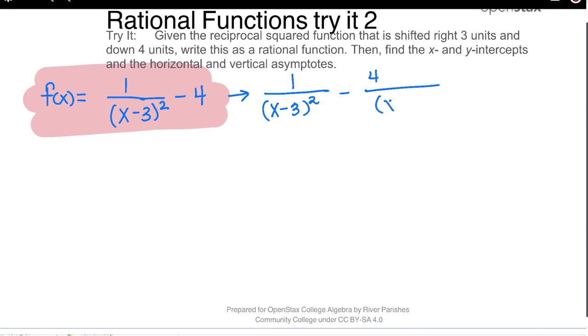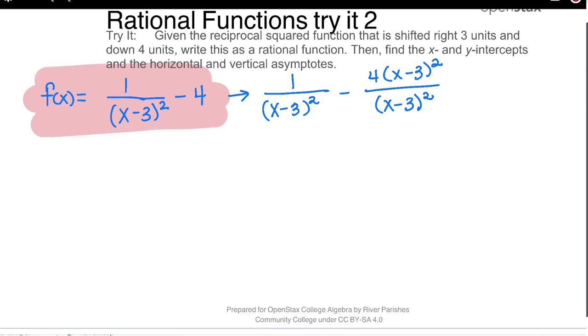The denominator common between this and 4, because this is really 4 over 1, is x minus 3 squared. To create that denominator on the 4, we're going to multiply the top and bottom by x minus 3 squared. So really I'm multiplying 4 times x minus 3 squared over x minus 3 squared, which is the same as multiplying by 1, so I'm not changing the value.